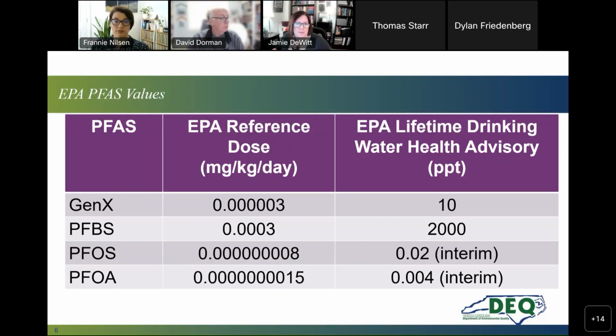I don't know if there's been any comprehensive studies done to evaluate the potency of these 4 compounds on a single effect, but I would like to share a paper that just came out in Environmental Health Perspectives from RIVM, which is the Dutch equivalent of the EPA. This group evaluated internal serum concentrations of several PFAS chemicals and determined that on an internal serum concentration level for liver weight increases, there were some surprising outcomes.